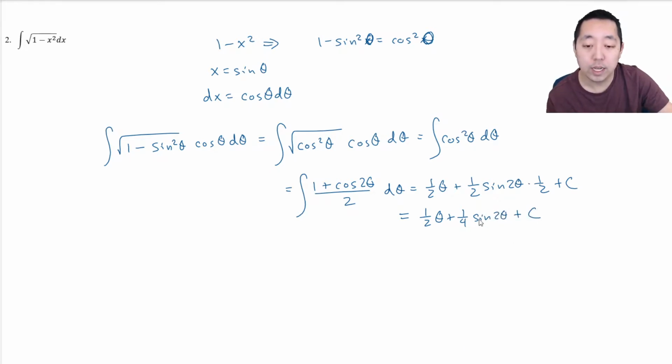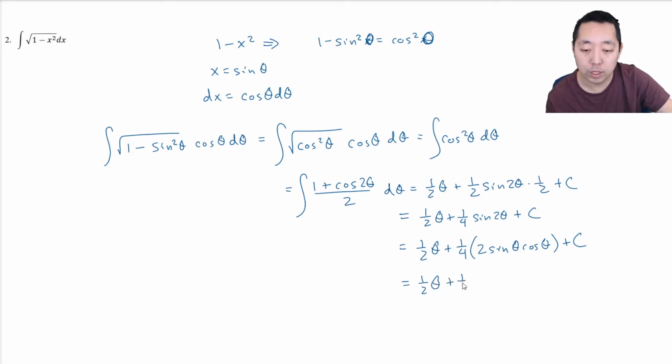Now this sine of 2 theta, the thing is I only know what theta is, and I don't know what 2 theta is, so I can use one identity. Sine of 2 theta can be written as 2 sine theta cosine theta. Okay, so this would be 1/2 theta now plus 1/2 sine theta cosine theta plus c.